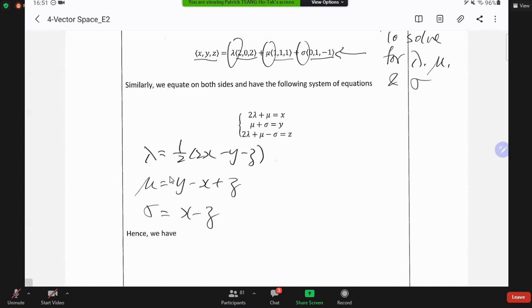For lambda, you can see a group of real numbers added together and subtracted from each other, and times another real number, 1/2.